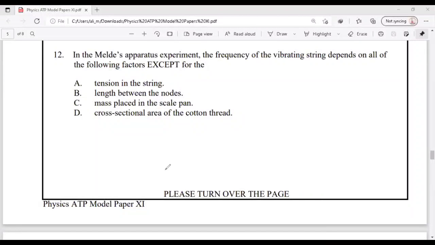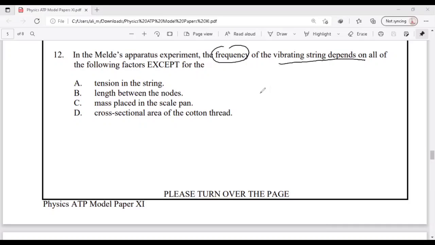Let's see question number 12. In the Melde's apparatus experiment, the frequency of the vibrating string or the standing stationary wave depends on all of the following factors except for the one.